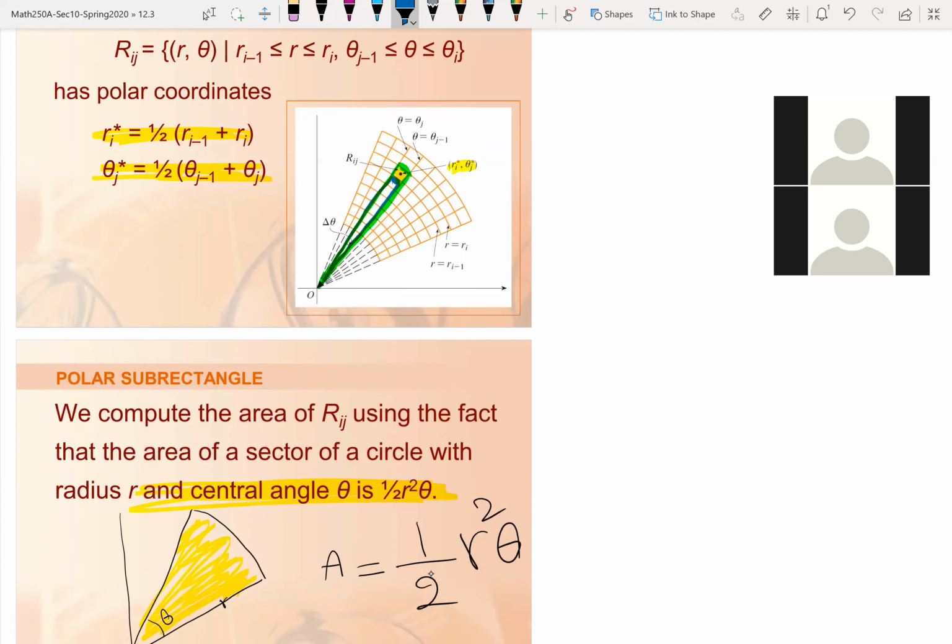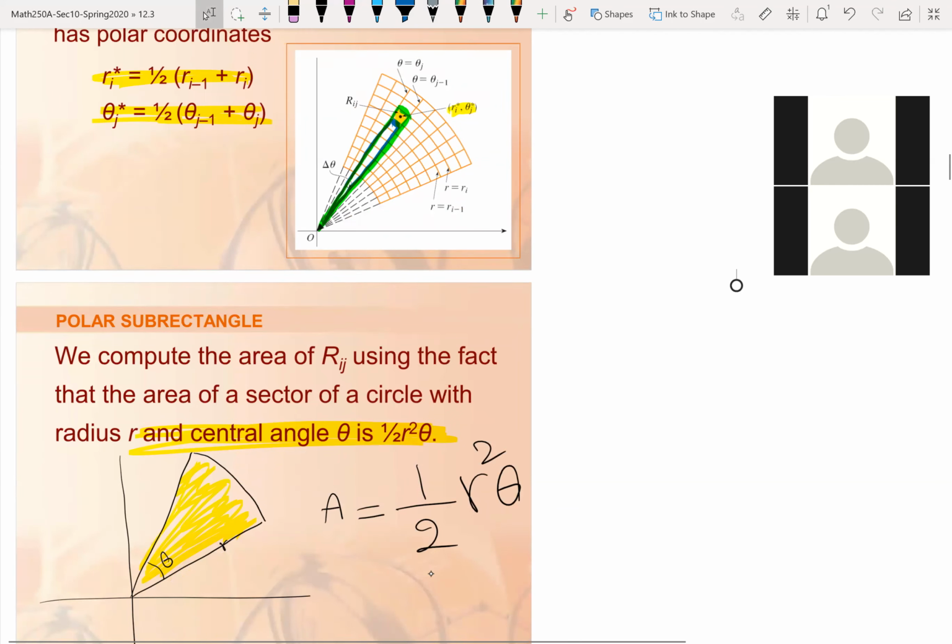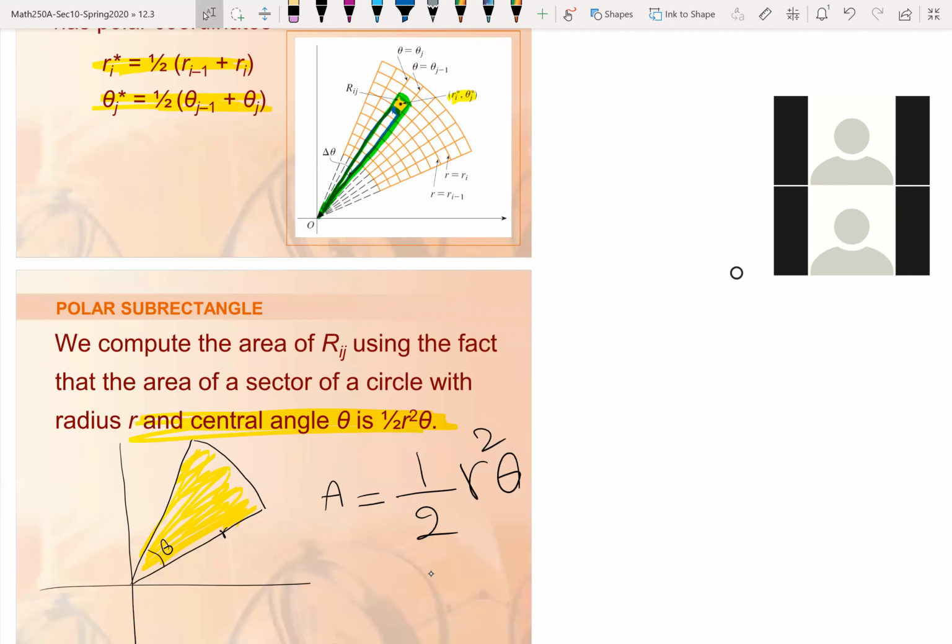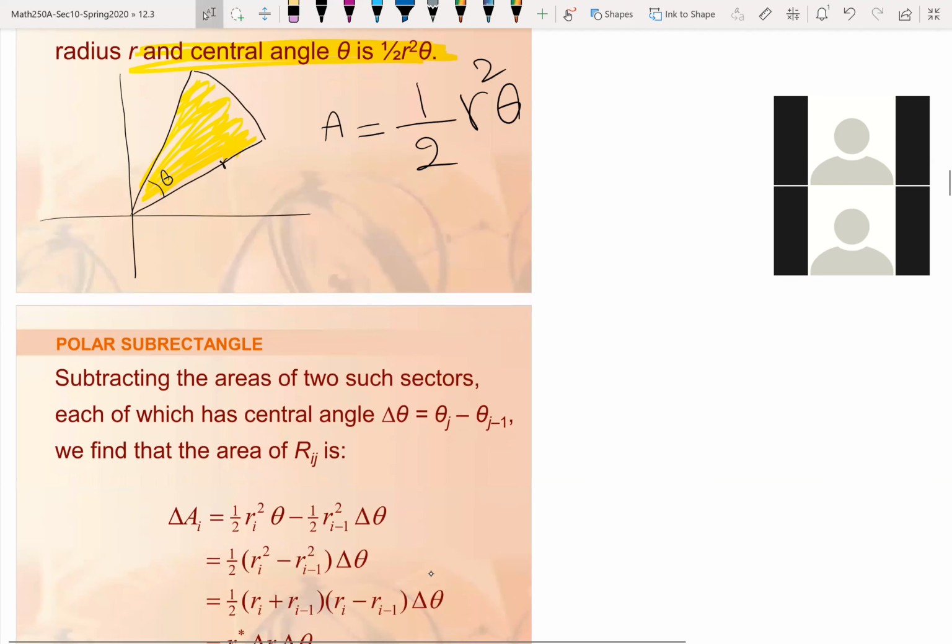If I subtract the green one minus the blue one, that would be the little area that I need, okay? So this should be the area of the large sector minus the area of the small sector.